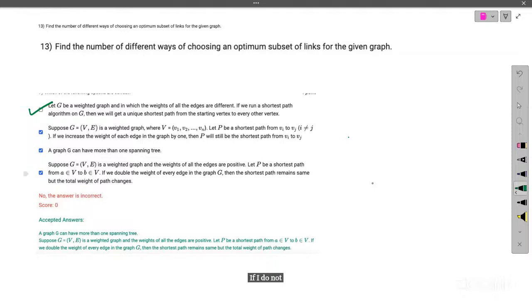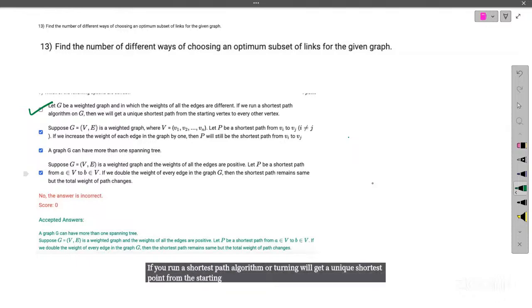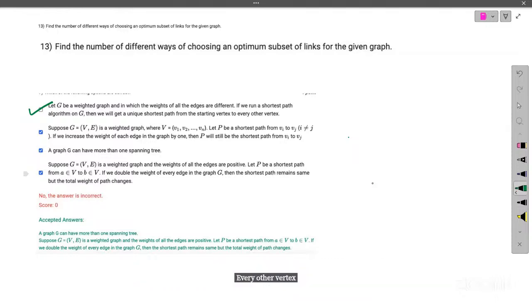Let G be a weighted graph in which the weights of all the edges are different. If we run a shortest path algorithm on G, then we will get a unique shortest path from the starting vertex to every other vertex. The weights are different. Ma'am, it need not be the shortest path every time, right? If weights are the same also, we can make the sum at the end.